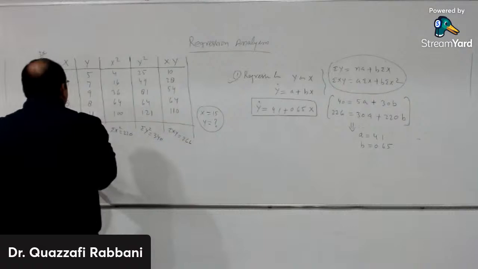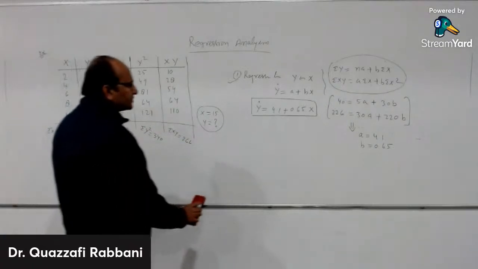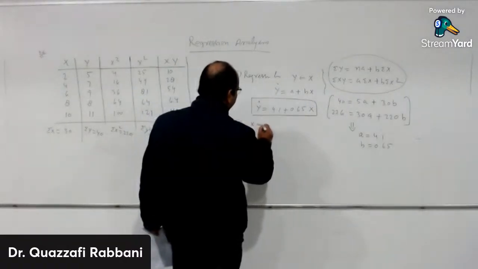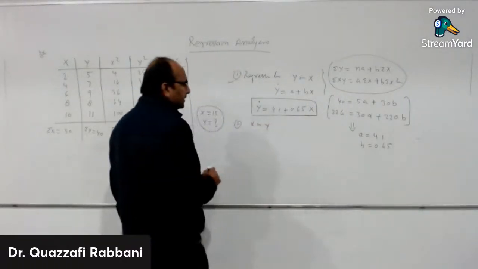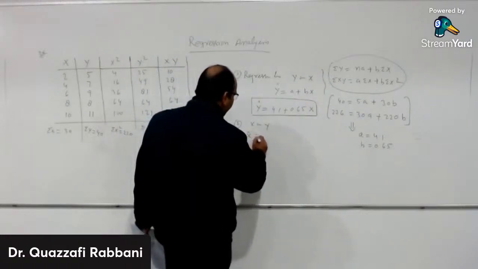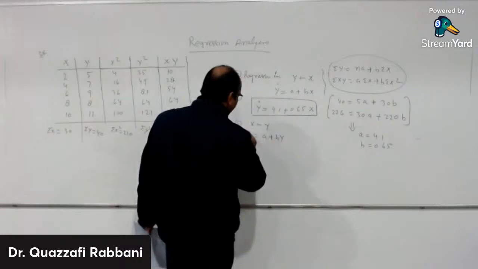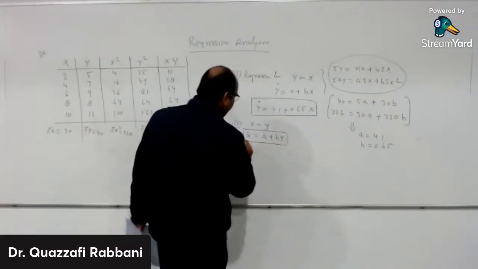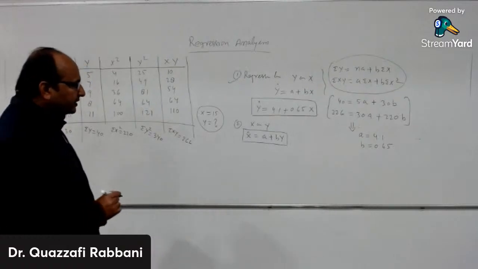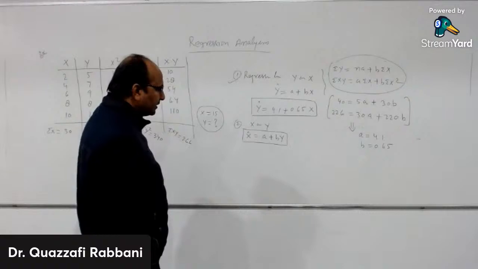And in another case, suppose x depends on y. Then what is the equation? The regression equation is x is equal to a plus by. This is the general equation, also known as the regression equation of x on y, in which x is the dependent variable and y is the independent variable.